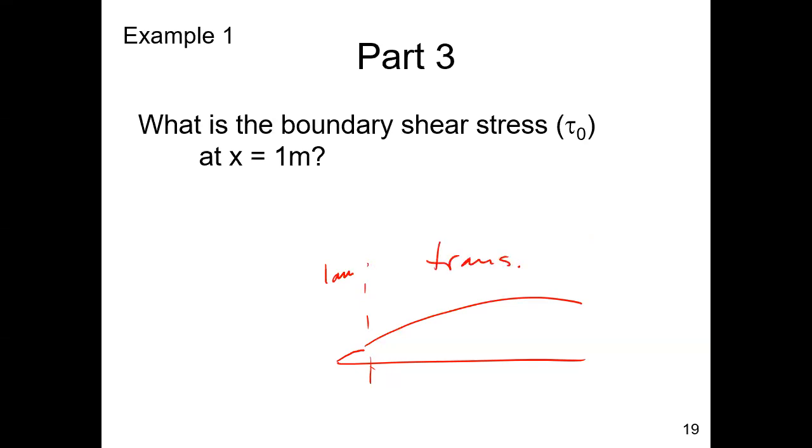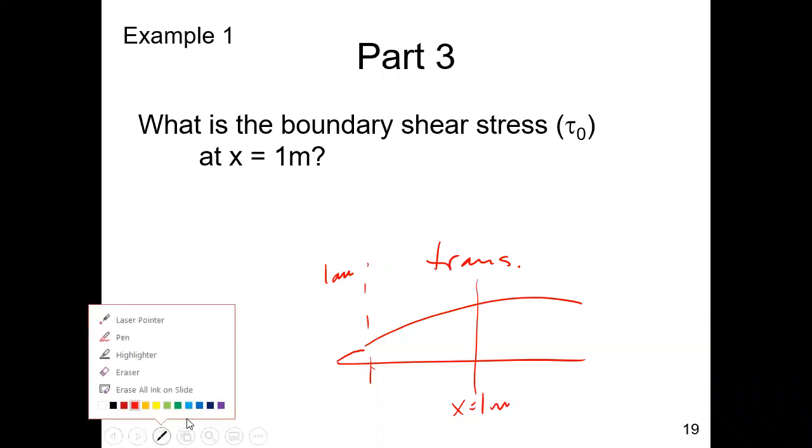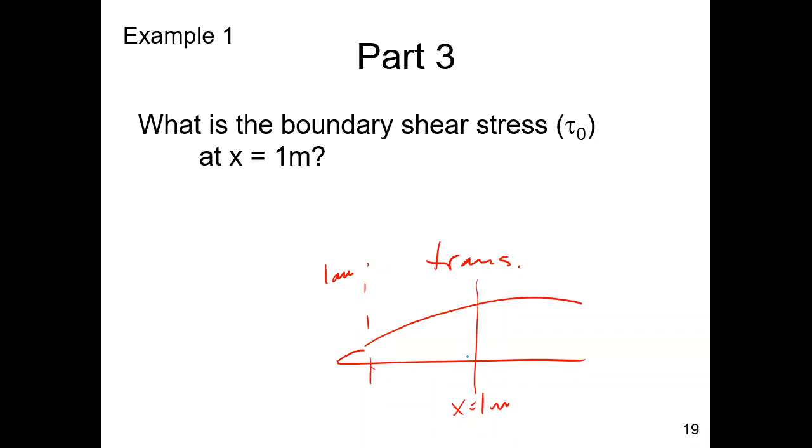The laminar is only over the first 0.13 meters of the plate. And so the question is, at 1 meter, what is the shear stress at that location? As you move along the plate, it changes.